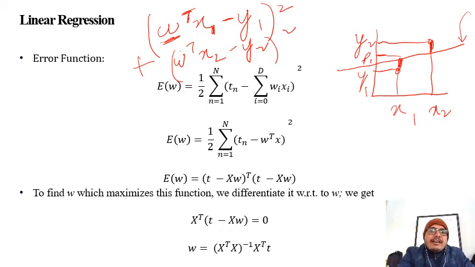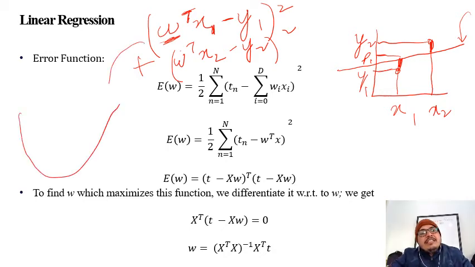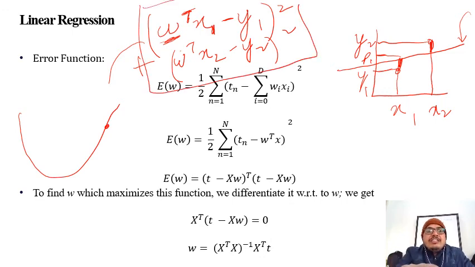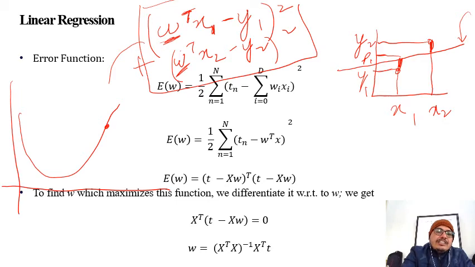Now the good part is that this error function is a convex function. If you plot it, you will see it is a kind of parabola. The only thing you can change in this error function is W, which is the intercept and slope. If this is my W, there will be some error.